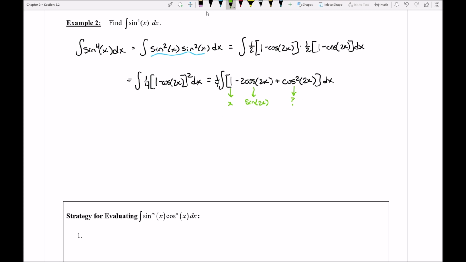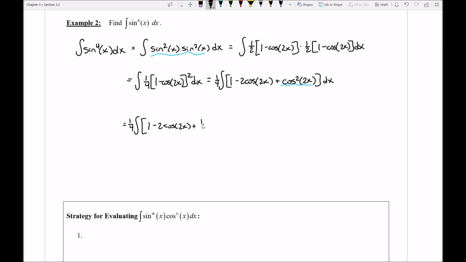Well, based on what we talked about in the last video, using another blue identity here might make this a whole lot easier to work with. So I'm going to use another blue identity on this portion. Let's write out what this would look like. I'm going to have a quarter. I still have my 1 minus my 2 cosine of 2x.